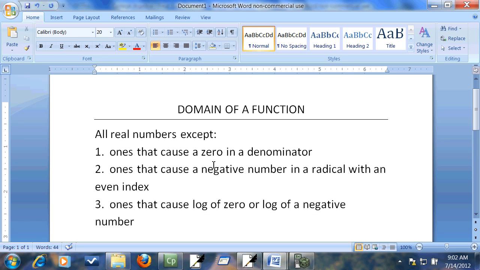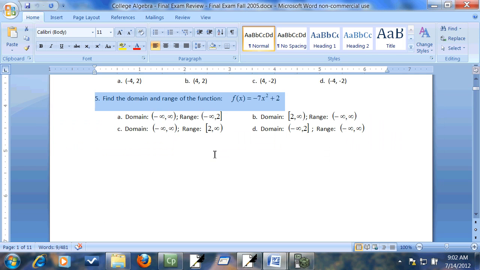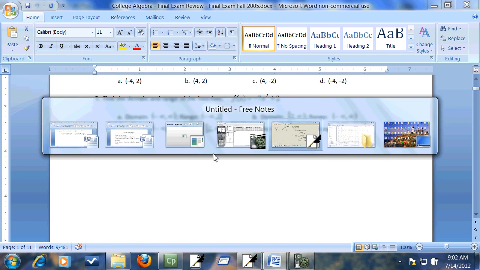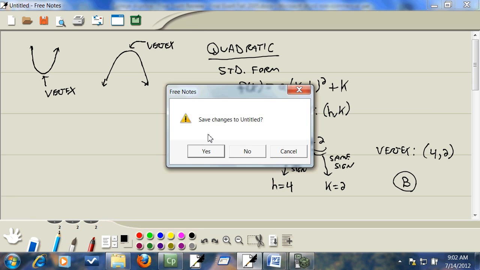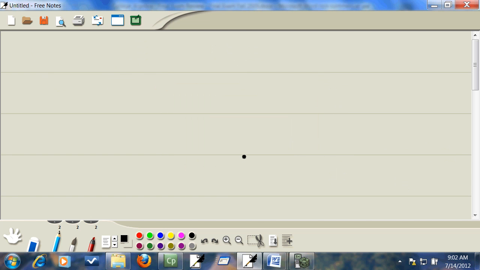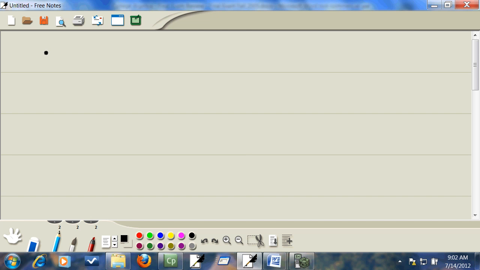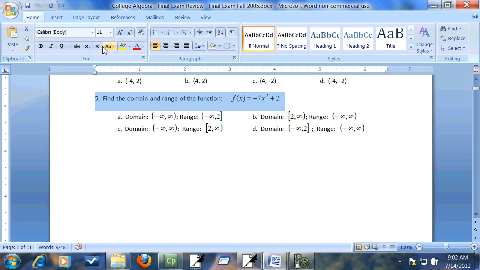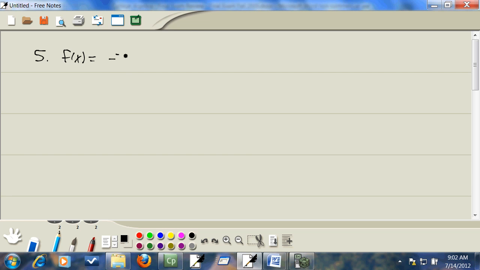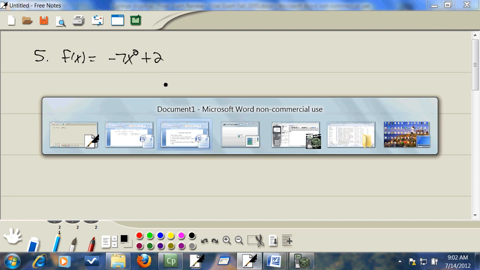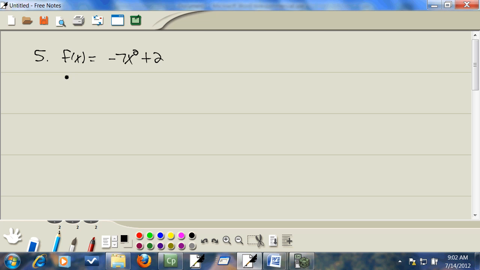Okay, so let's use those to help us solve this problem. Problem 5: f of x is equal to negative 7x squared plus 2. Okay, so the domain.